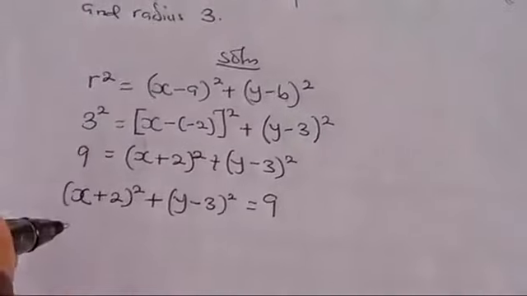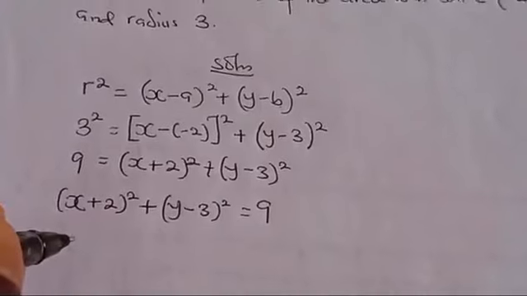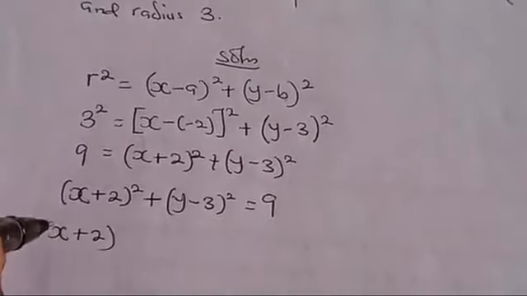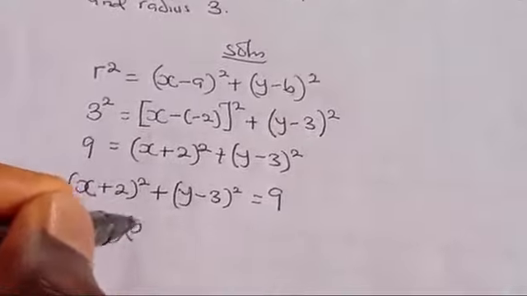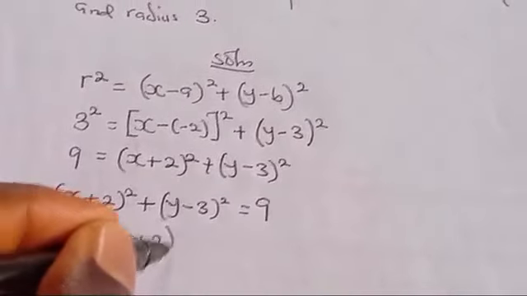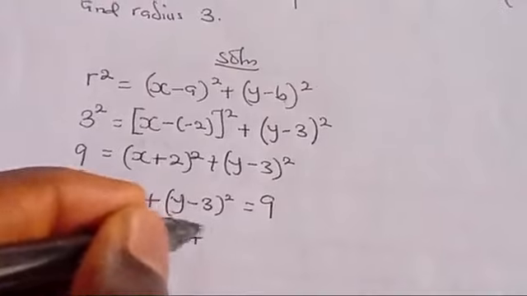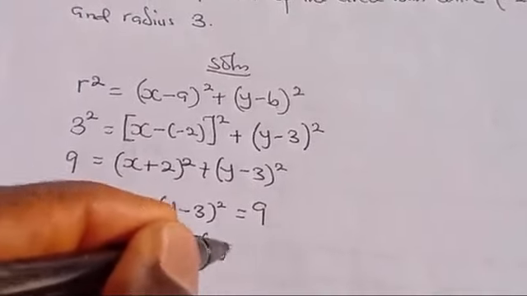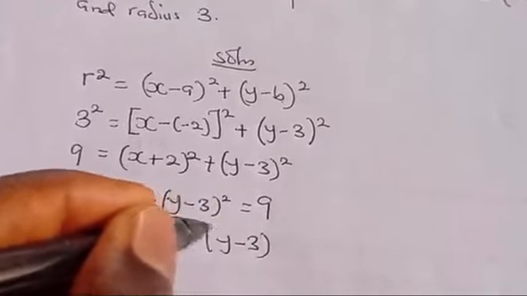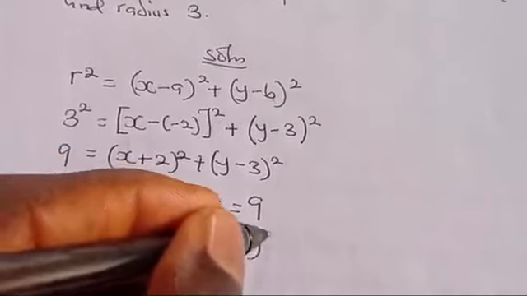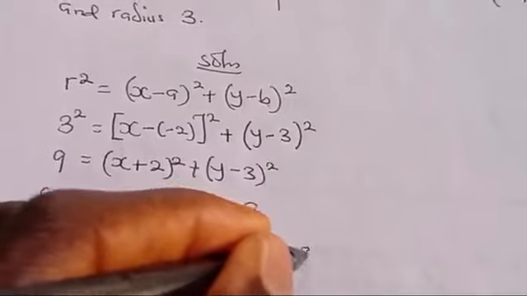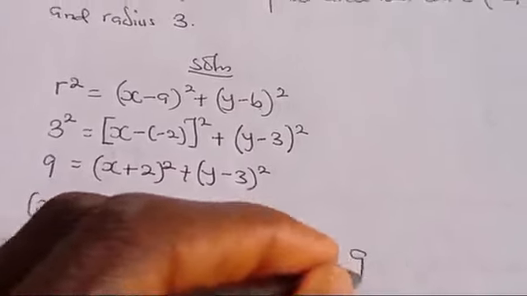Right? So opening these brackets up, this is (x plus 2) multiplied by (x plus 2), plus (y minus 3) multiplying (y minus 3), and that's equal to 9.